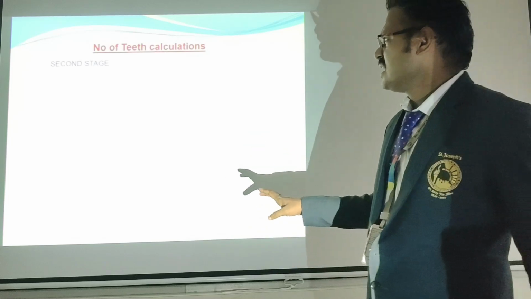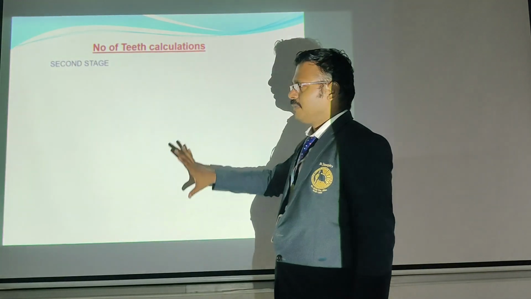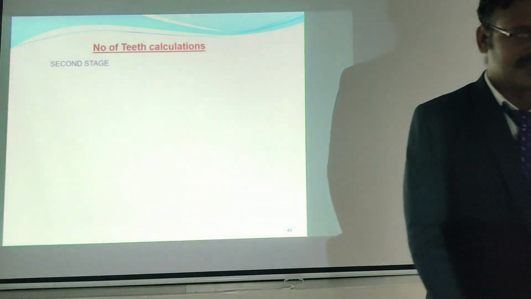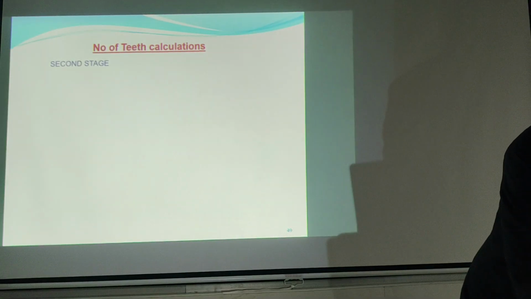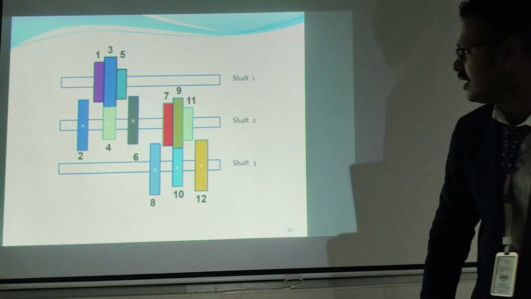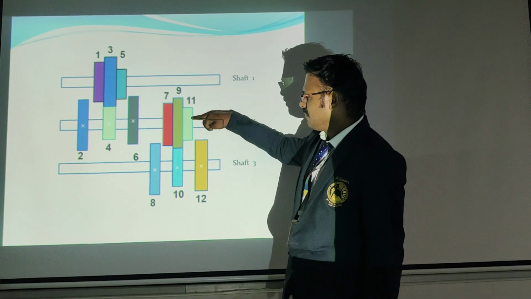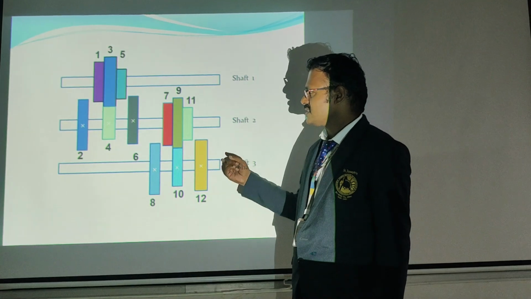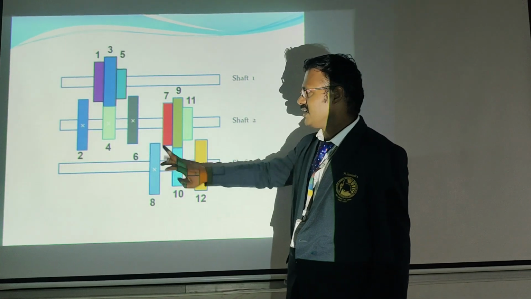Now we need to go to second stage, second pair. As per the gear arrangement, for the first pair we chose 11, 12. For the second pair we need to choose 7, 8.